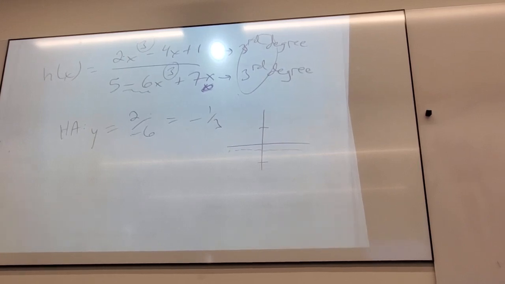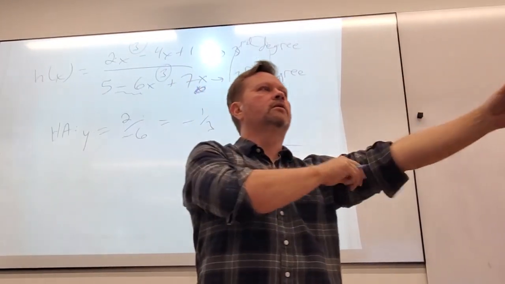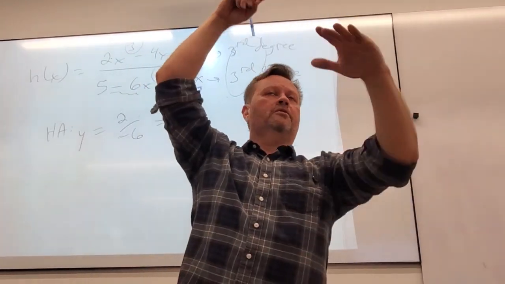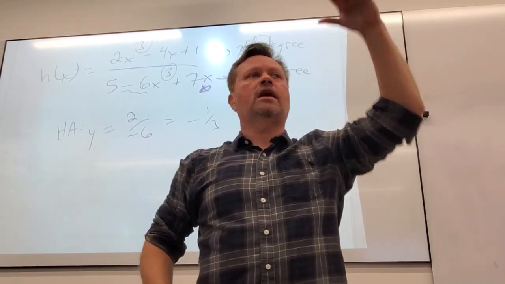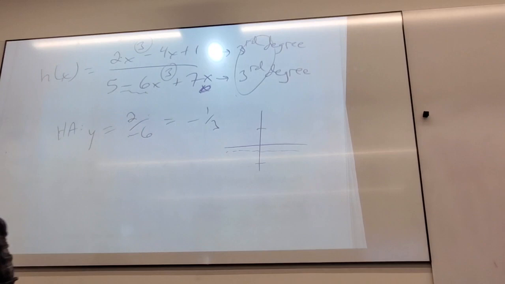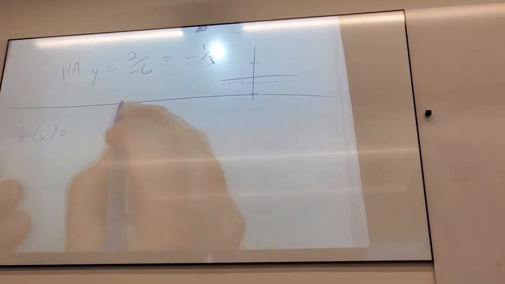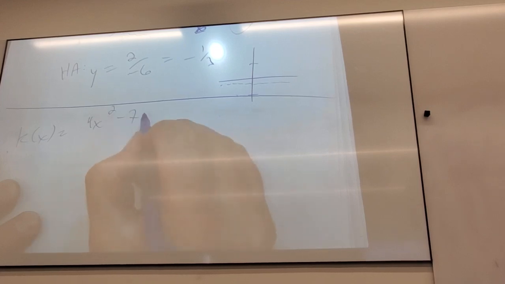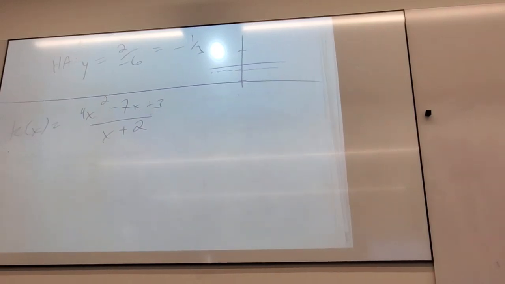So there's only one situation we haven't covered yet. We got when the bottom degree is bigger, and we got when the two degrees are the same. What's the third one? The top's bigger. I love it. So if I have a problem like k of x equals 4x squared minus 7x plus 3 over x plus 2, top degree is higher, right?